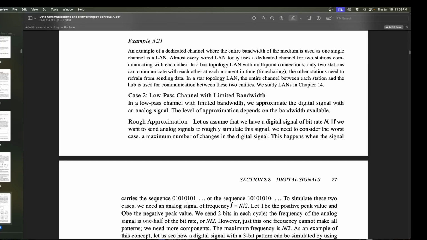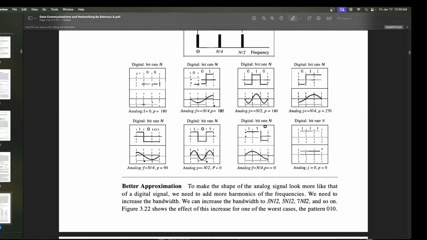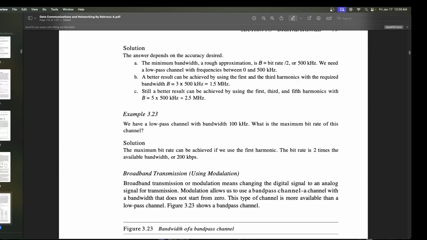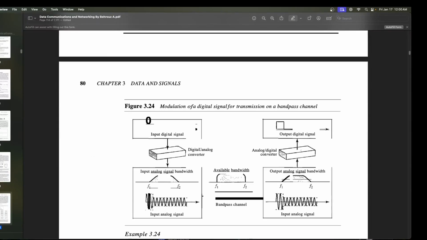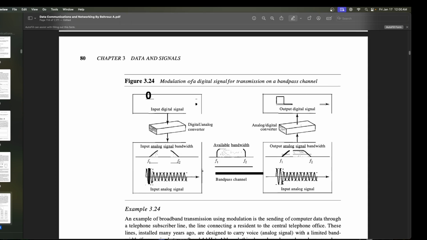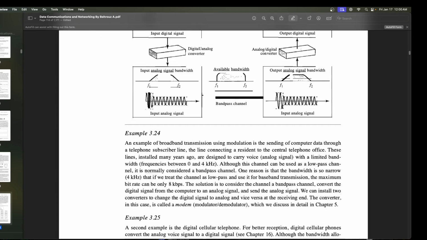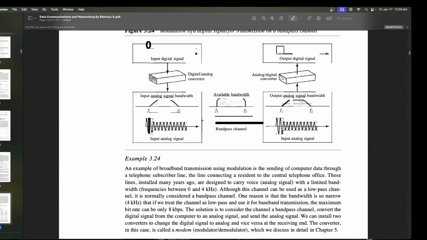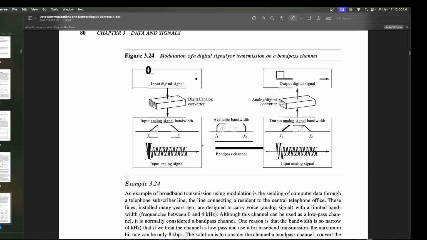Low pass is an example of a dedicated channel. On the wire it is going to be electrical, right? But there is no modulation. We are not doing any modulation. That's what it's trying to say.